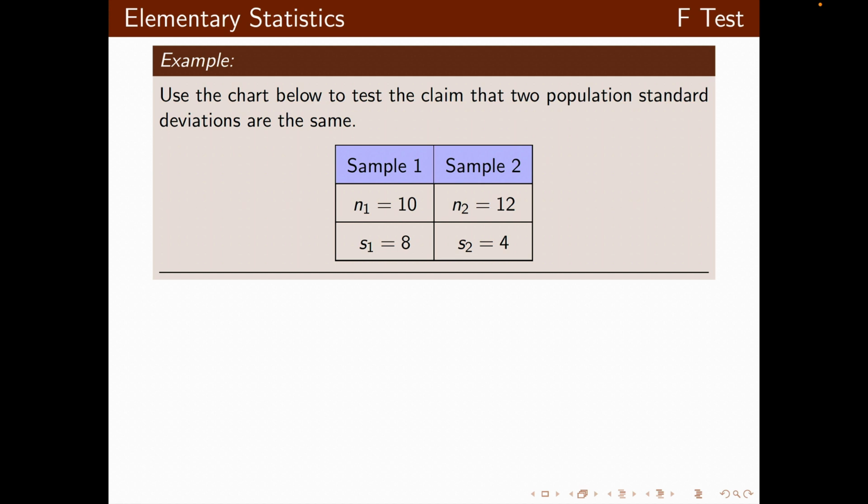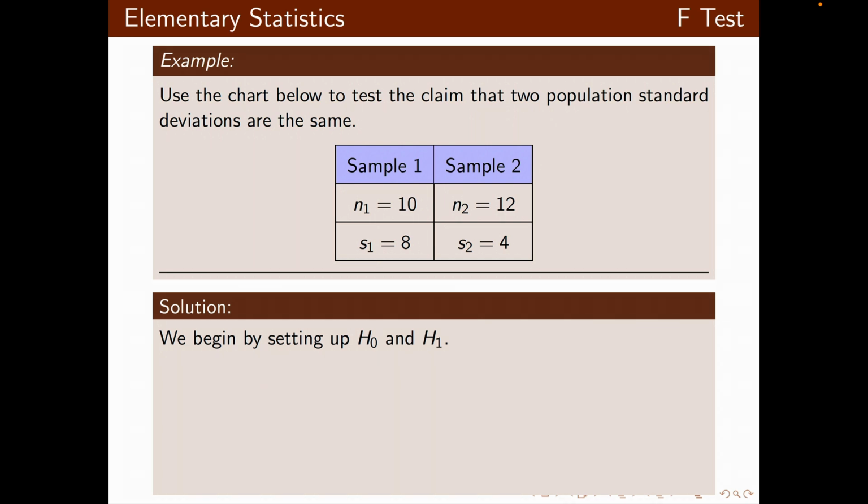In this example, we want to use the chart below to test the claim that two population standard deviations are the same. Setting up H0 and H1, H0 will be sigma 1 equal to sigma 2, and that's the claim that they are the same.